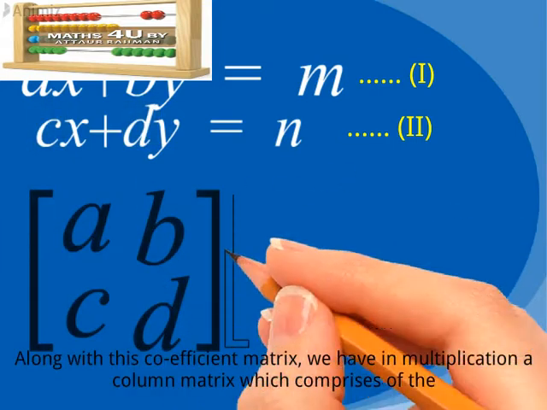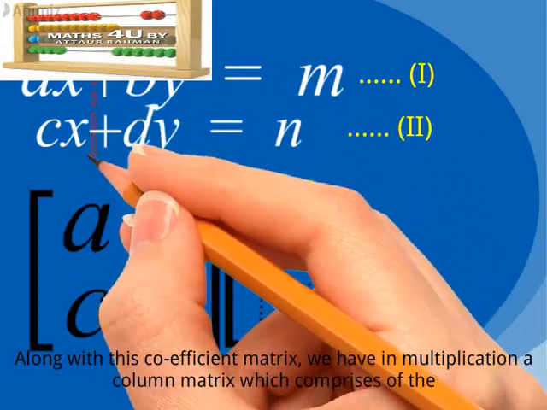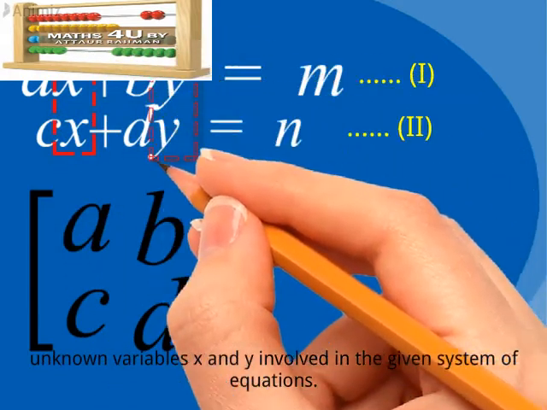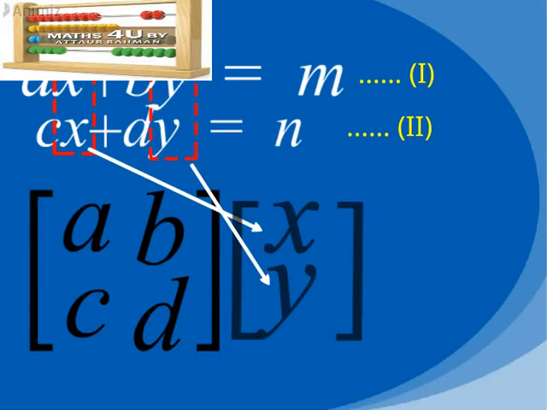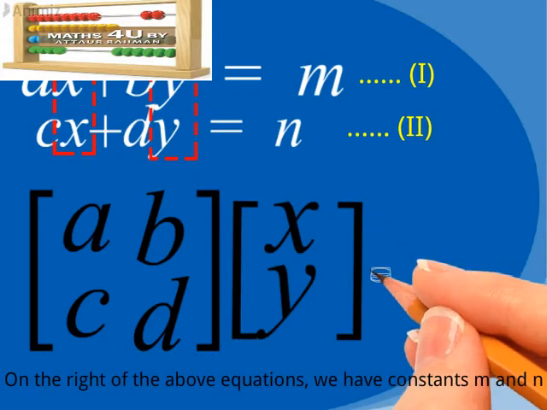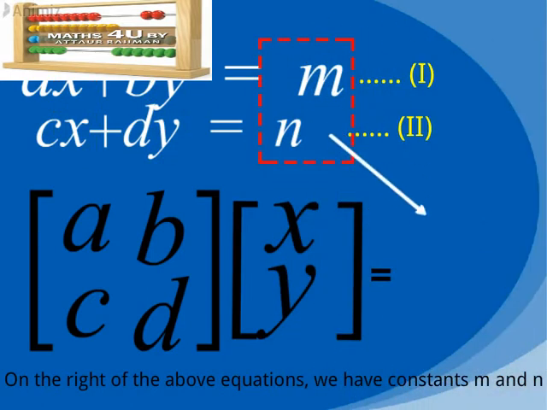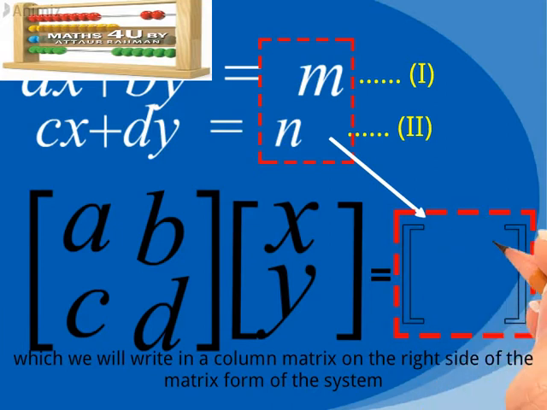Along with this coefficient matrix, we have in multiplication a column matrix which comprises of the unknown variables, x and y, involved in the given system of equations. On the right of the above equations, we have constants, m and n, which we will write in a column matrix on the right side of the matrix form of the system.